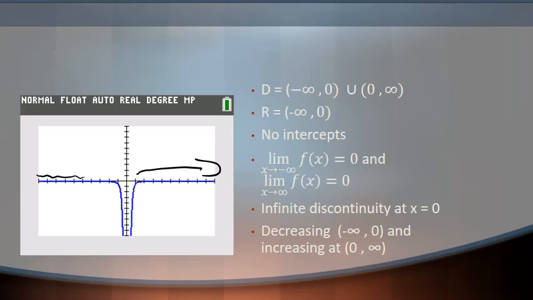And on our increasing and decreasing, as we're reading this graph from left to right, we are decreasing as x is coming from negative infinity to 0. And as we move beyond 0, going out towards infinity, we are in fact increasing. So there we've got the descriptions of functions with negative exponents.